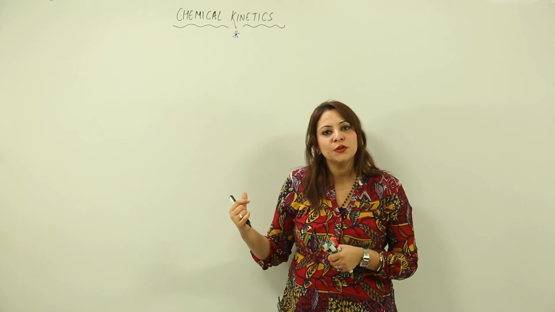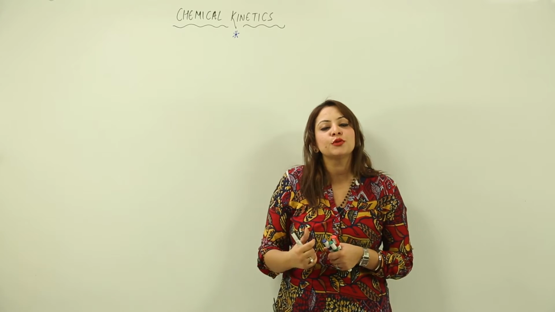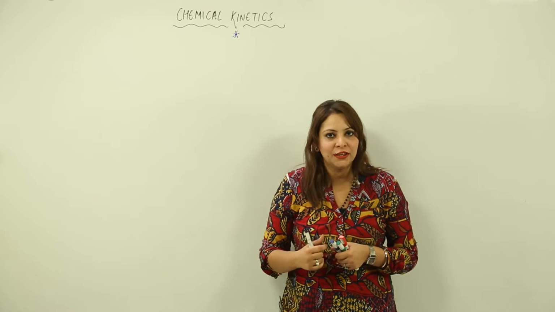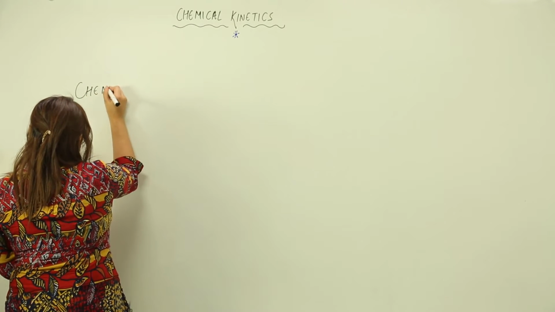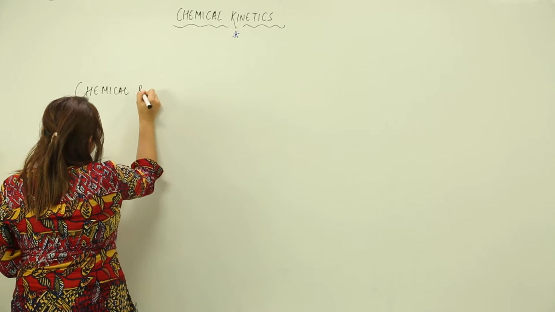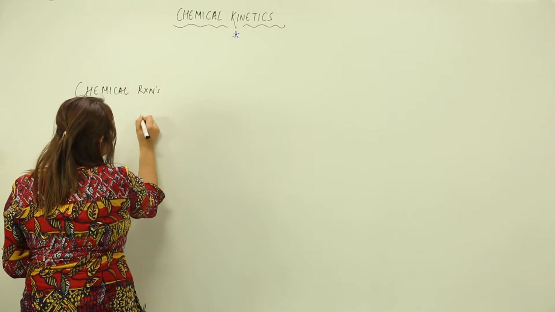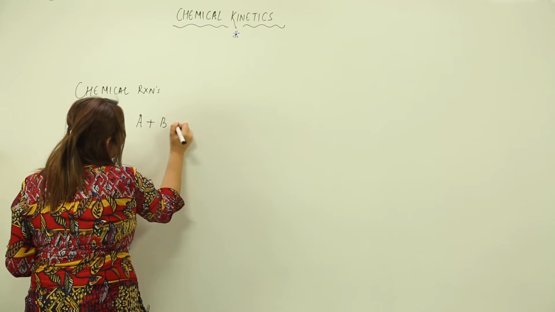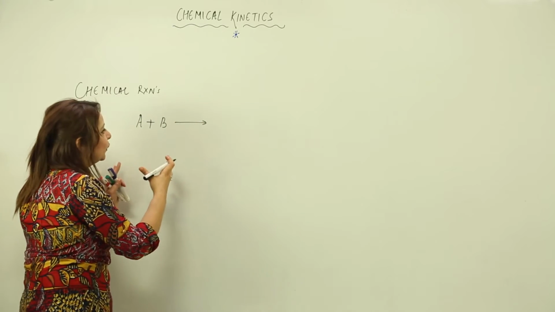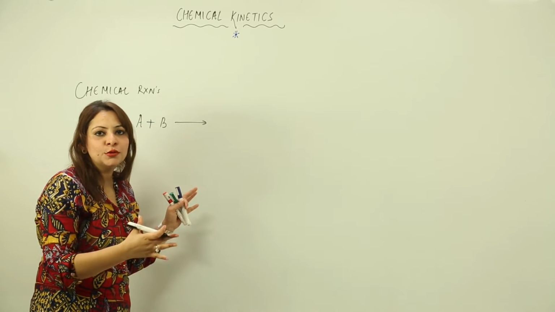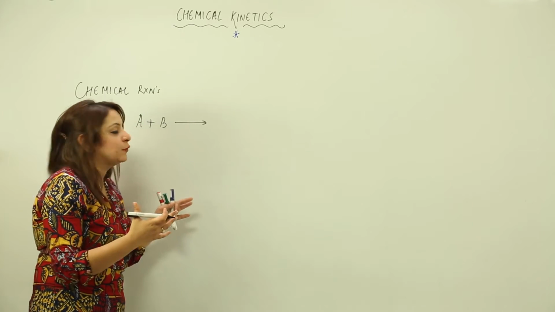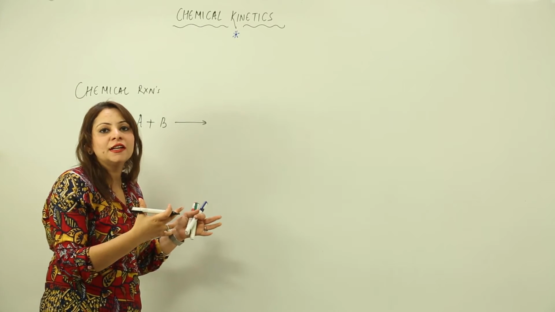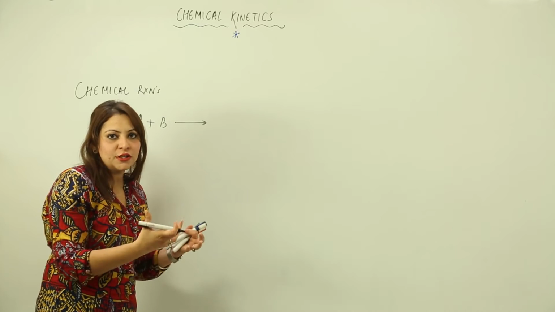So before we start with the detailed study of the chapter, I just want you to be aware of what a chemical reaction is. As you all know, when we talk of a chemical reaction, we add certain substances and those substances undergo a combination, a decomposition, a simple displacement or any kind of further reaction, where the old bonds are broken and new bonds are formed.